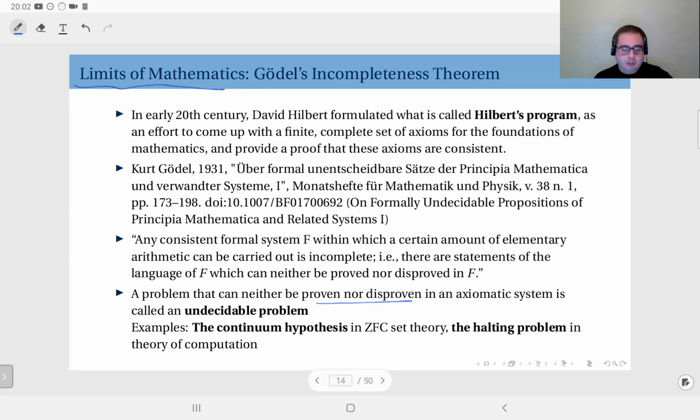I'm going to give you here two famous examples. One is the continuum hypothesis in set theory. We are going to talk about this in either next week or the one next in a couple of weeks. So this is in set theory. And the other one is the halting problem. And this is related to theory of computation. So this is quite related.